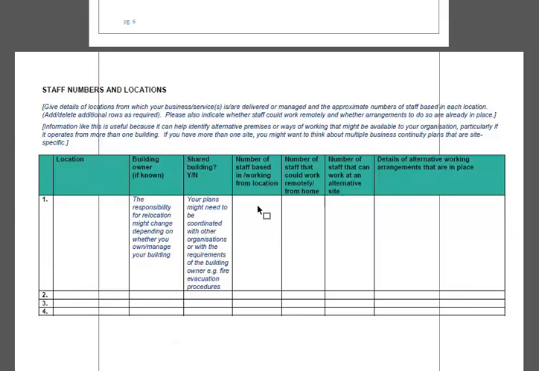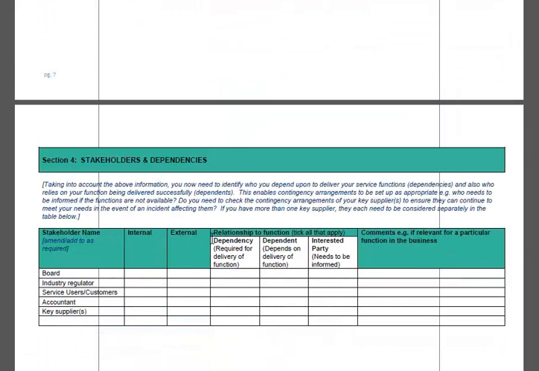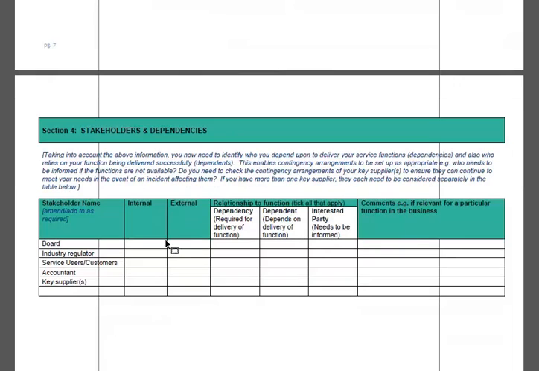How many people are working in this location, and if, let's say, lightning struck, how many people can work from home, and how many can work from an alternative location? So you have to fill in some information about your staff and locations in this part. And then you have stakeholders and dependencies.